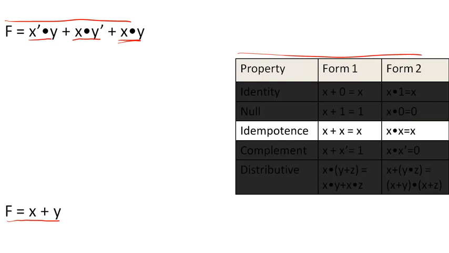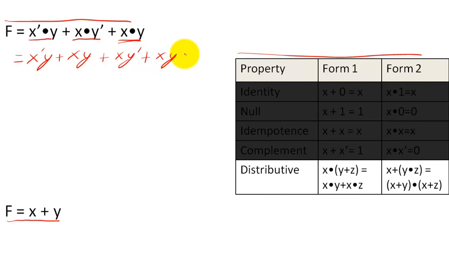So I can use the idempotence here, which tells me that I can reproduce this and it's still going to be the same expression. So I have x prime y. I'm going to produce a duplicate here of x y, and then I'll just keep the rest of this the same, x y prime, or x y.